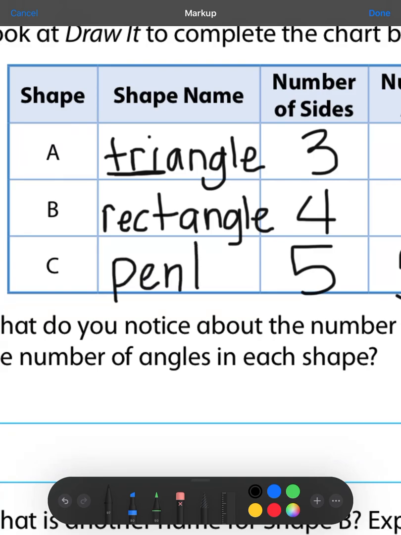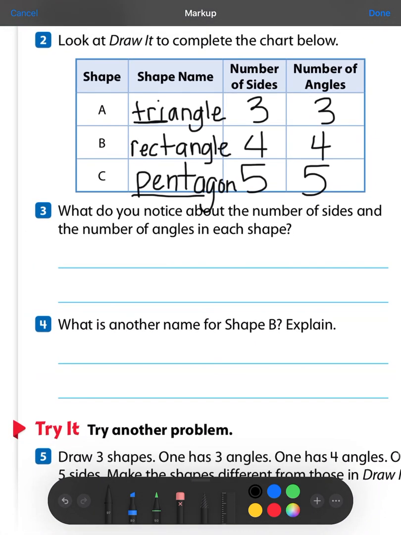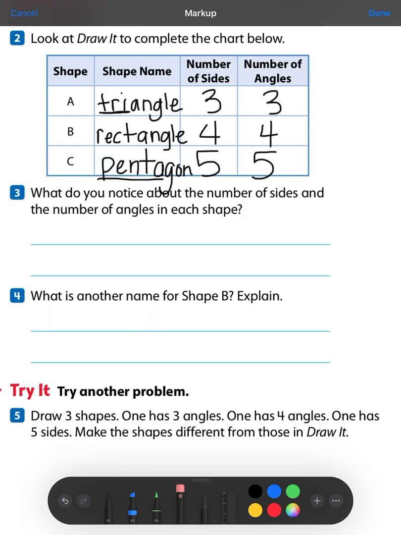We know that this shape is a pentagon because penta means 5 and there are 5 sides and 5 angles. All right, let's answer the questions and then maybe we can find a picture of a pentagon. A pentagon is a building in Washington, D.C., and it has 5 sides and 5 angles. We'll have to look it up.